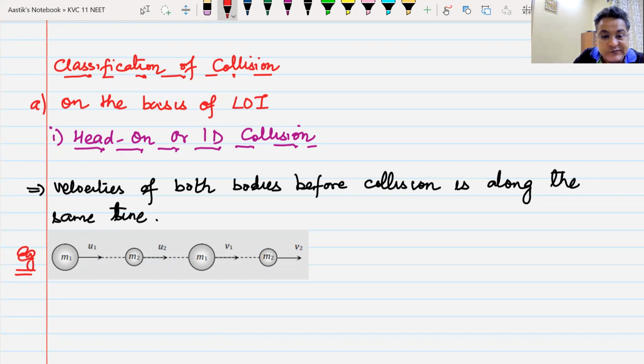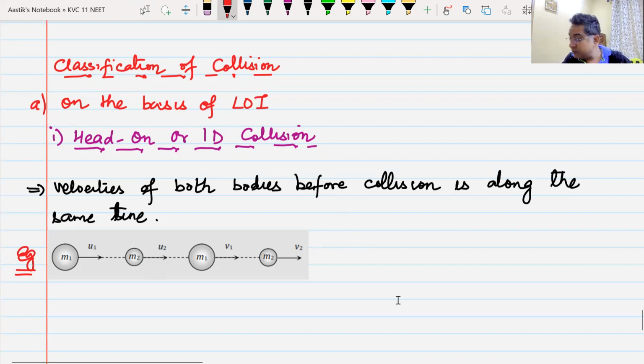Both the bodies are moving along the same line before the collision. Do we understand this? This is an example of head-on collision or collision in one dimension.